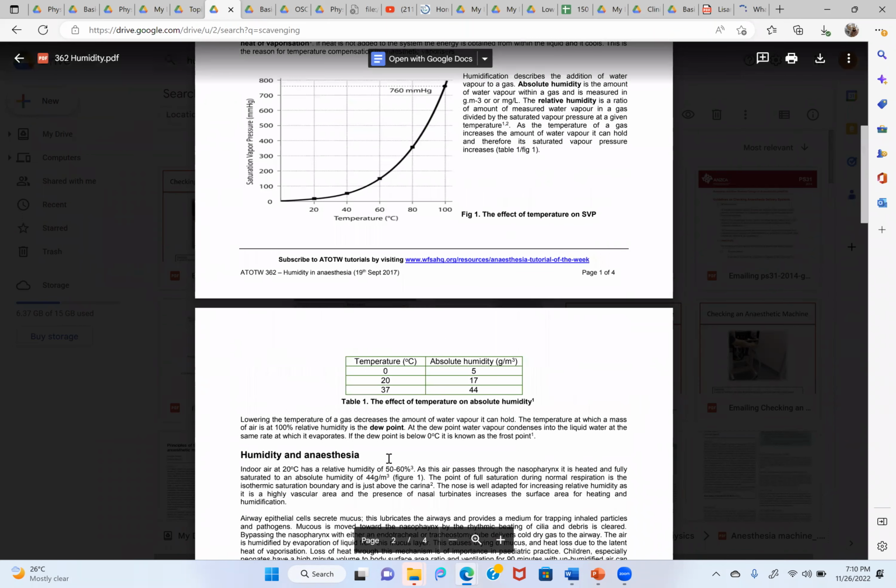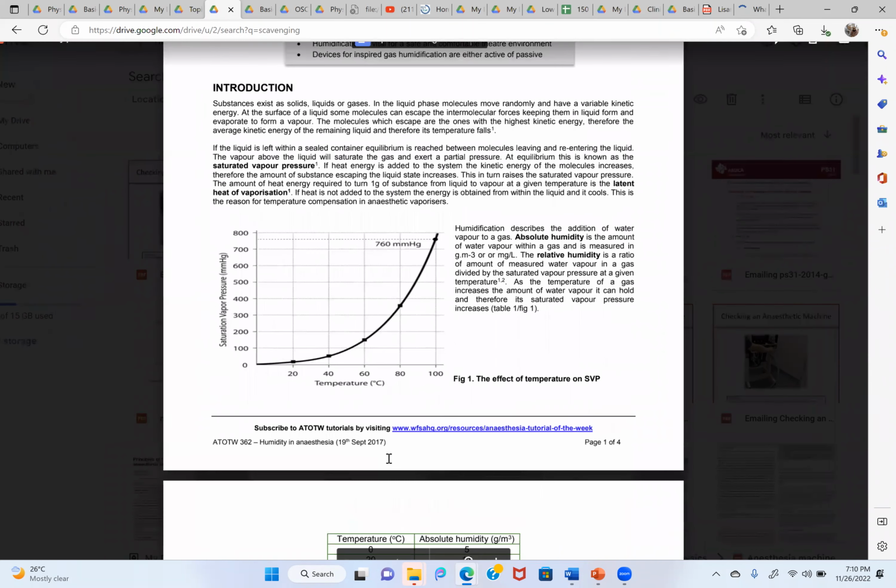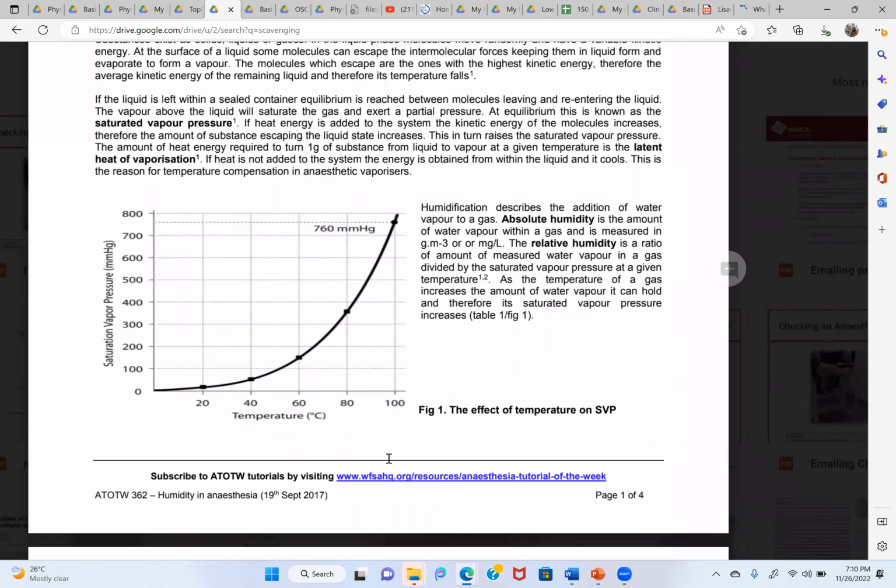Usually, if we think about what absolute humidity is, as I told you, it is the amount of water vapor within a gas and is measured in gram per meter cube or milligram per liter. But what we frequently use is relative humidity.